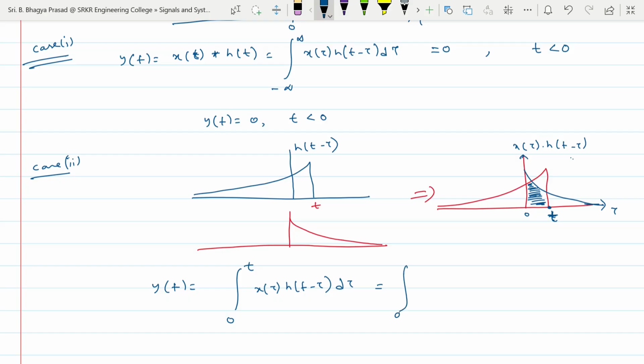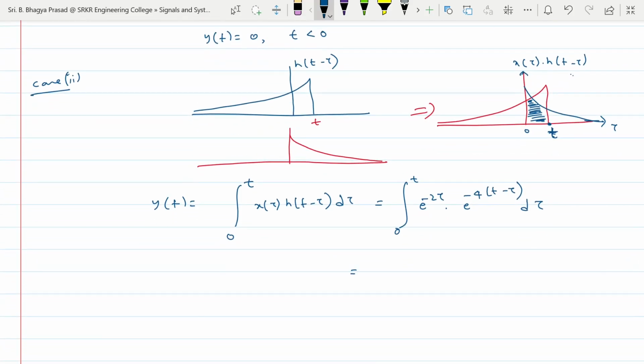Here x of tau is e power minus 2 tau, and h of t minus tau is e power minus 4 times t minus tau, d tau. You can take e power minus 4t outside, as the integration is with respect to tau. So let us bring this t outside of the integral, and integral 0 to t of e power minus 2 tau plus 4 tau, that is e power 2 tau, d tau.